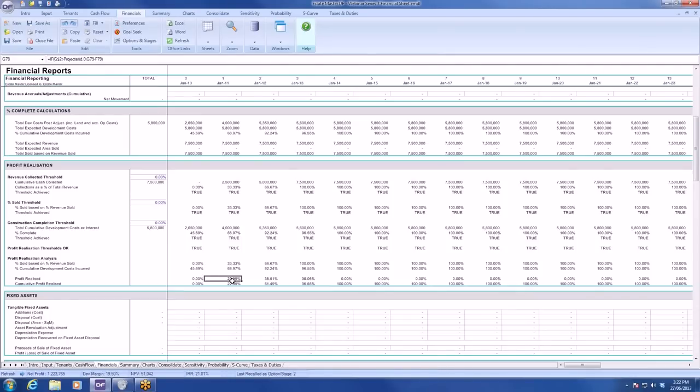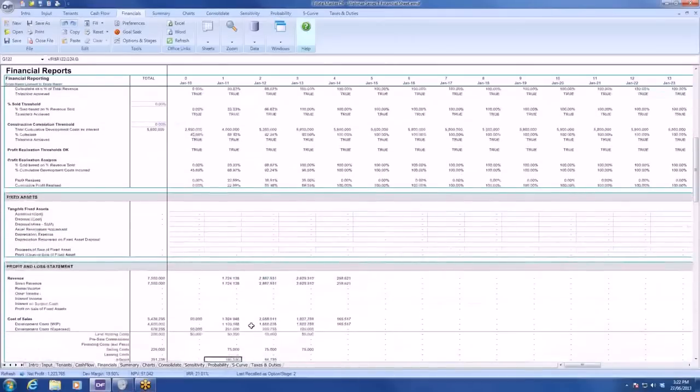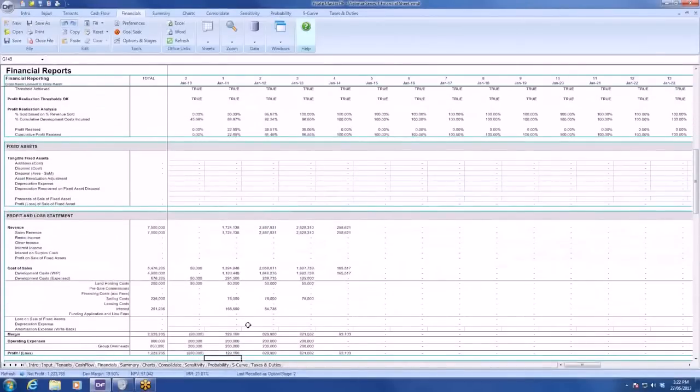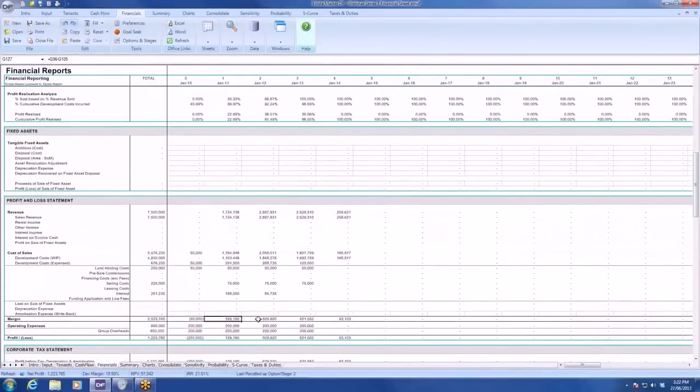So we only recognize 22% of the profit, and so on. So it is a combination of the percentage completed as well as the percentage sold. So your cash flow here, or your P&L on that basis, is more skewed towards the end of the project, and we realize it at the end.